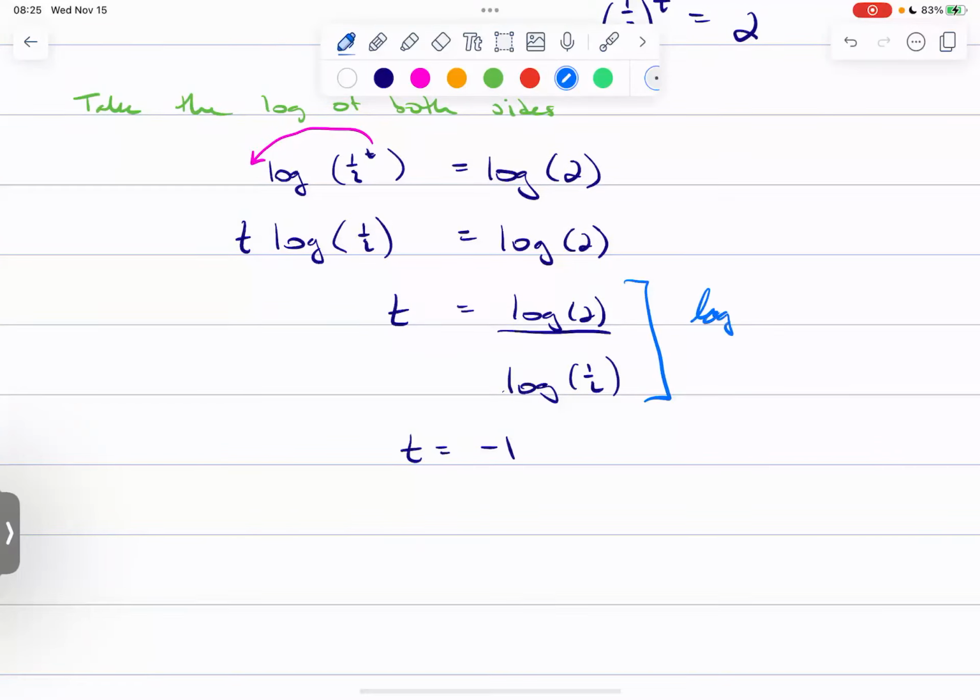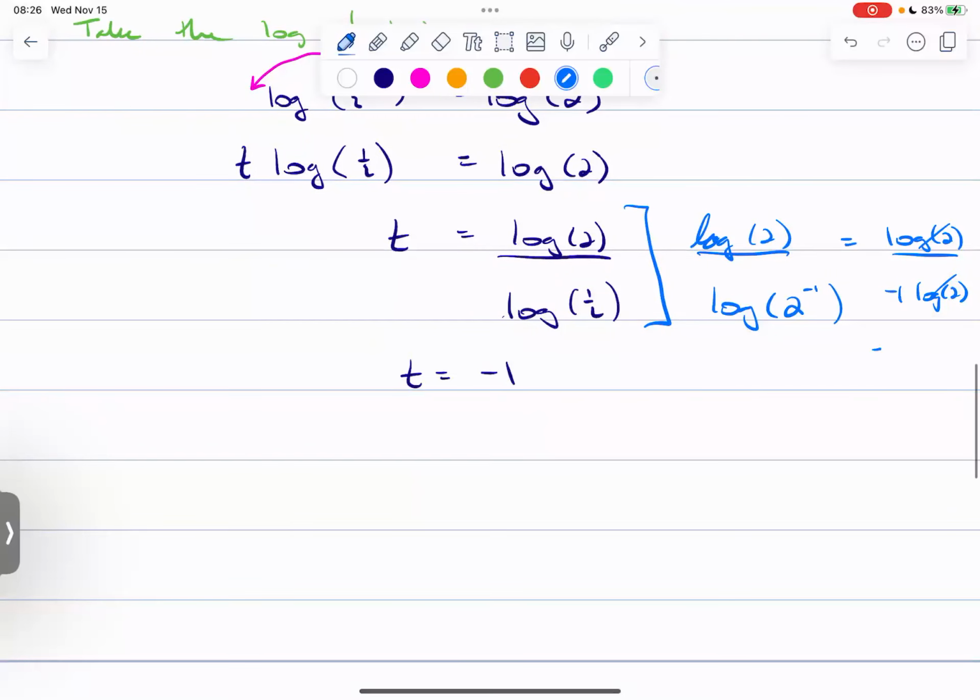I have the log of 2 over the log of 2 to the -1, right? But the log laws say that I could rewrite this as -1 times the log of 2. So then this is the log of 2 over -1 times, let's see here, the log of 2. And the log of 2 over the log of 2 is 1. So then I have 1 over -1, which is -1. All right. So that's why it's -1.